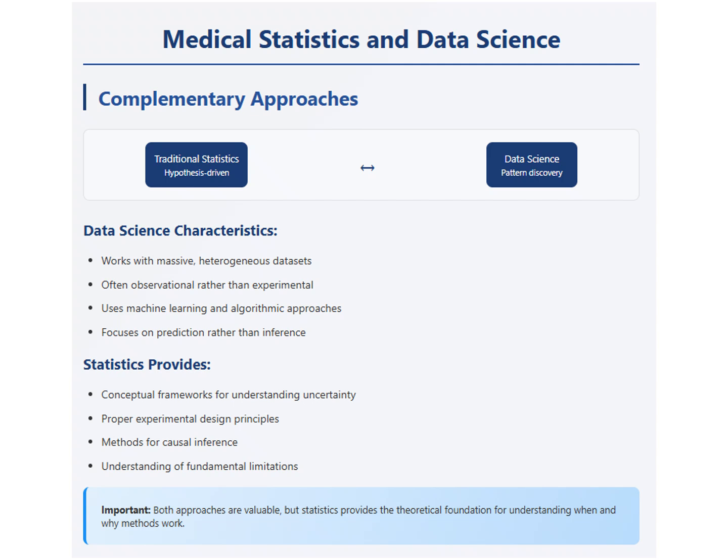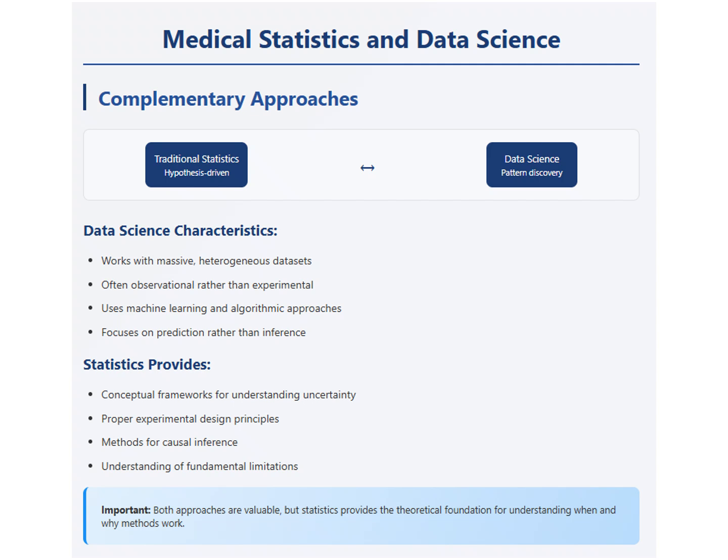These are powerful tools. But here's what data science often lacks: the theoretical framework for understanding uncertainty, the principles of good experimental design, and the methods for establishing causation rather than just correlation. So let me give you a concrete example of this.